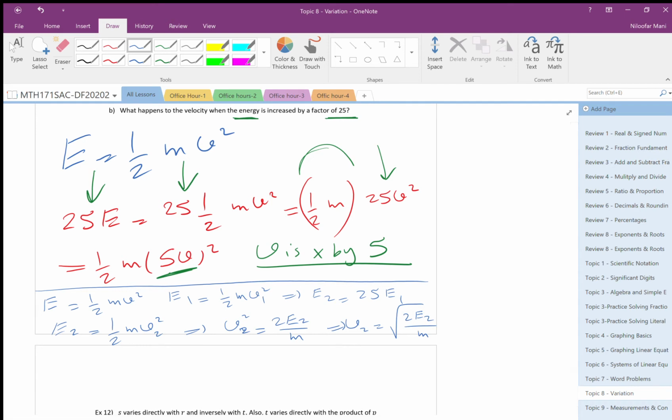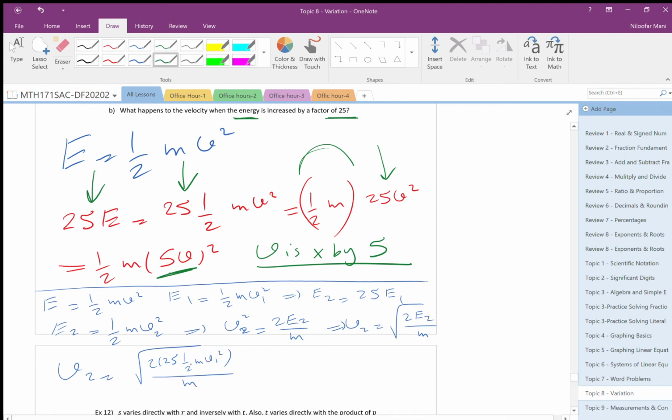So am I right here? Yes, I started with E1, and then I said E2 is that, and E2 is also the other one, so I find v2 with radical. So v2 is radical of 2 multiplied by 25 E1, which is 2 multiplied by 25, 1 over 2 m v1 squared, divided by m.